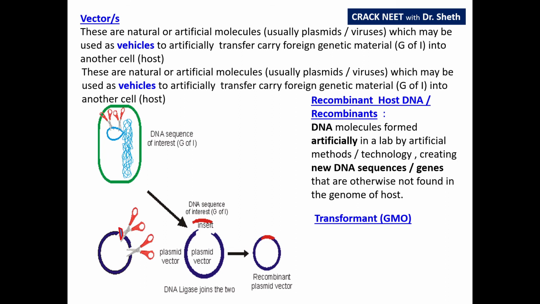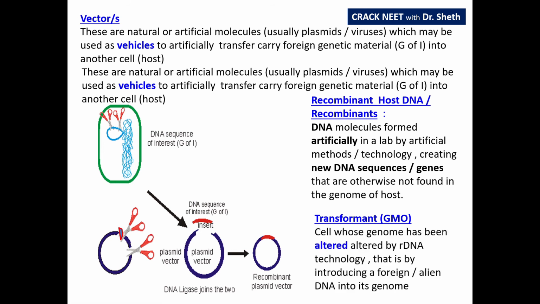What is a transformant, or what is a genetically modified organism? Now we have already done this, but let's see what is the definition. A transformant, or a transformed host, or the genetically modified organism, is a cell whose genome has been altered by our DNA technology, that is, by introducing a foreign or alien DNA into its genome. Okay, so what we've done here, first we have modified the DNA, and then we have used this modified DNA, recombined it with a gene, so we have a recombined vector.